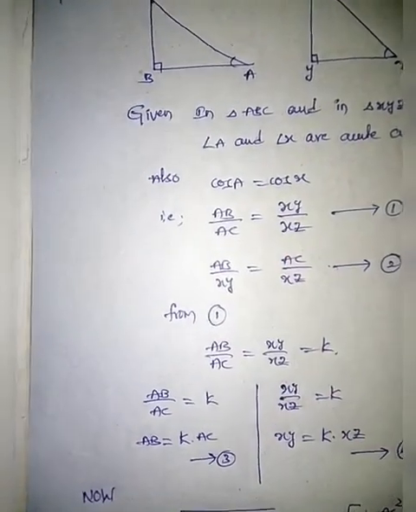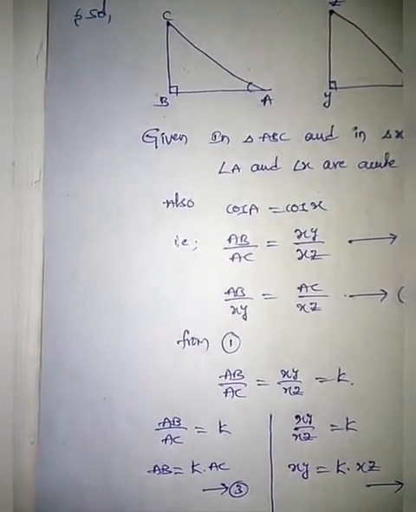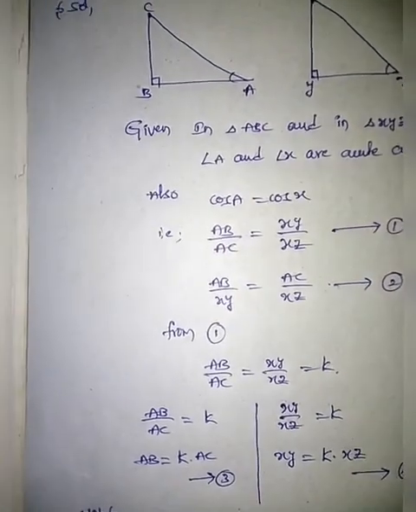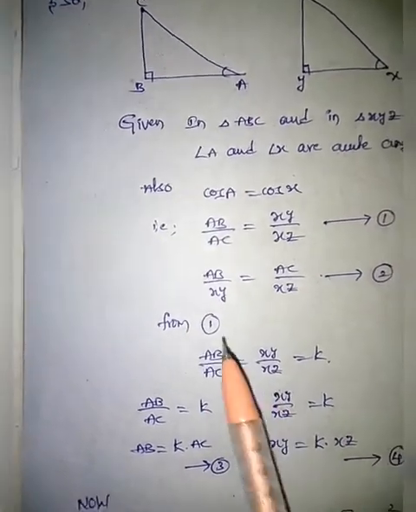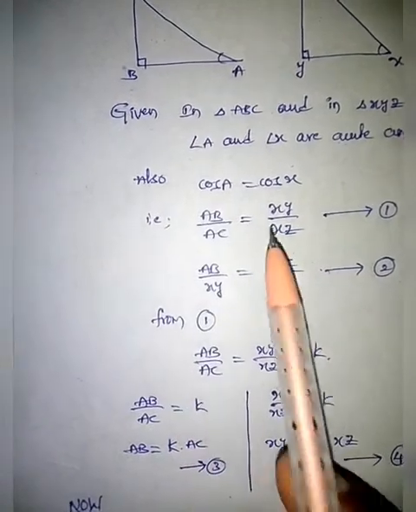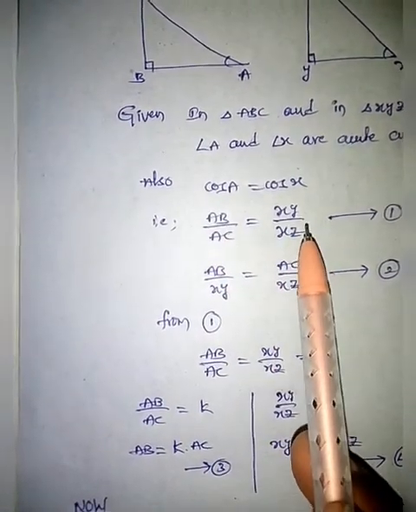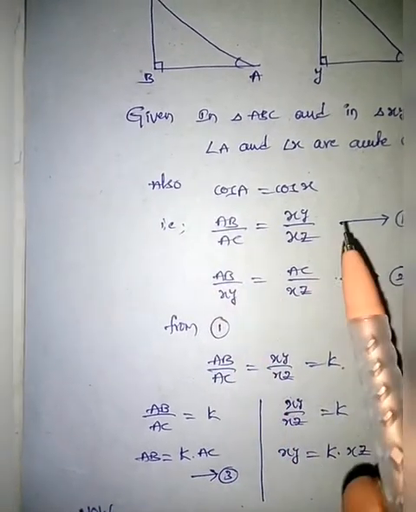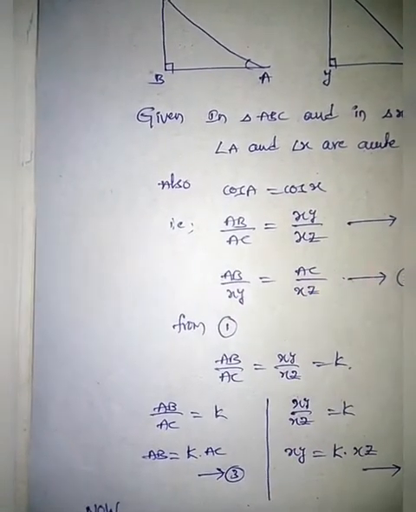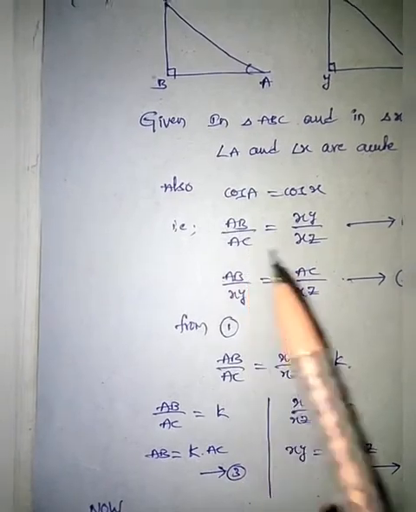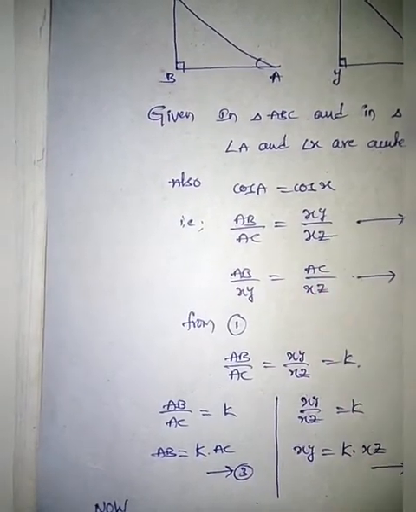Now I'm going to show that BC by YZ ratio is also equal to equation 2. In order to prove that, take equation 1. From equation 1 these ratios are equal, means if AB by AC equal to 10 units, then XY by XZ also 10 units, or if AB by AC equal to K units, then XY by XZ also K units.